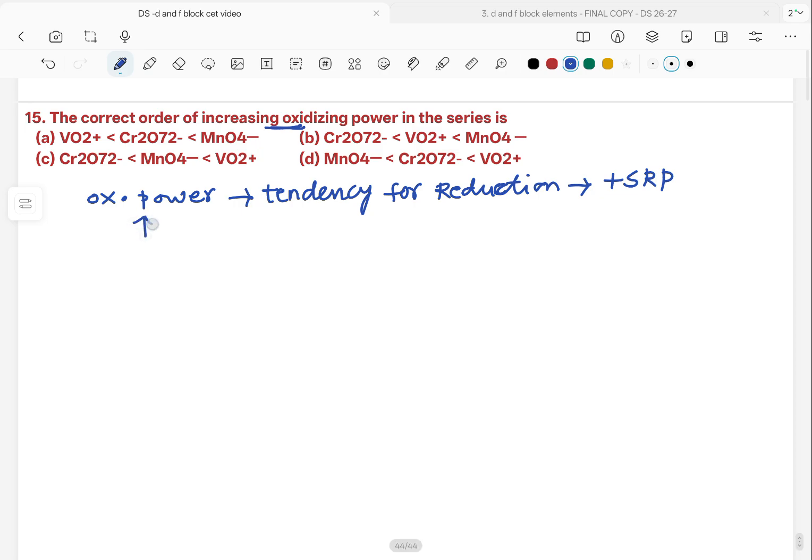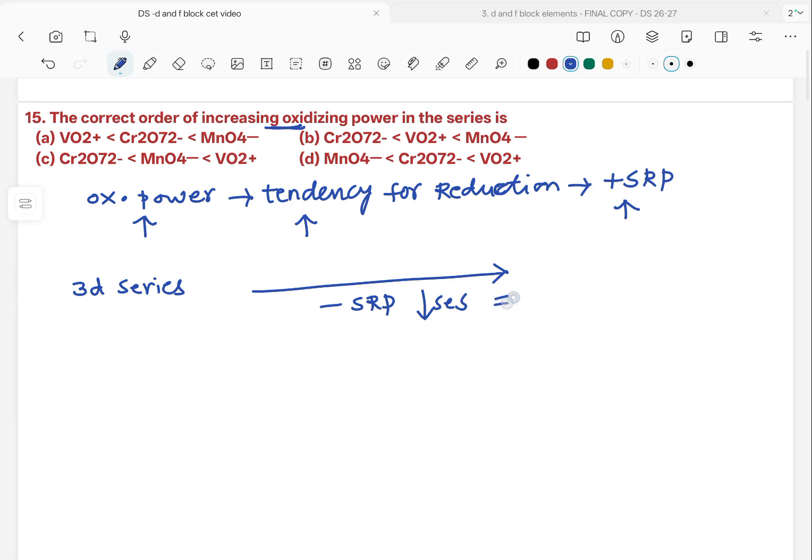Meaning, greater the oxidizing power, greater will be the tendency for reduction, meaning greater will be the positive SRP values. When you look at the 3d series elements, across the series the negative SRP values decrease, meaning the tendency for reduction increases.